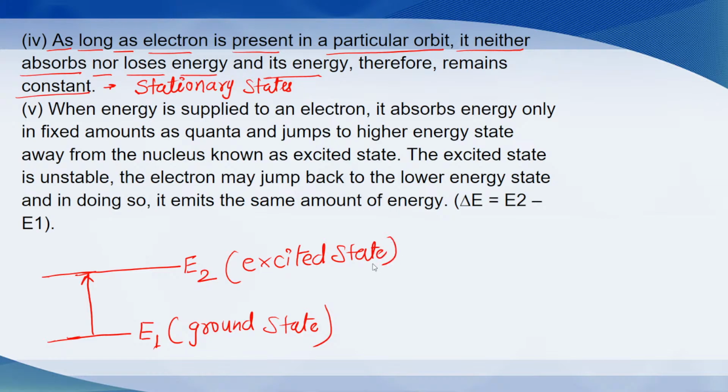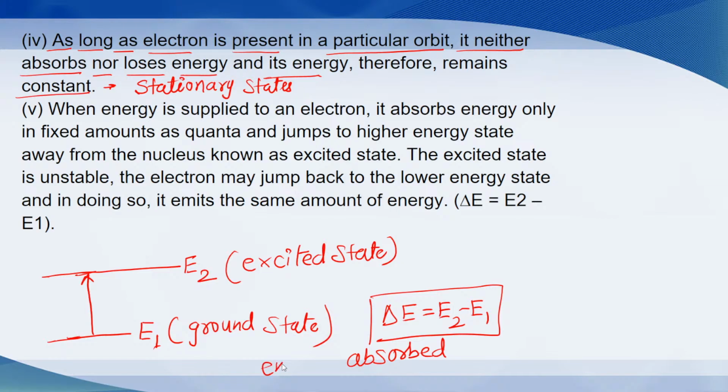It jumps to a higher energy state when it absorbs a fixed amount as quanta, and the energy absorbed is equal to E2 minus E1. This much energy is absorbed.